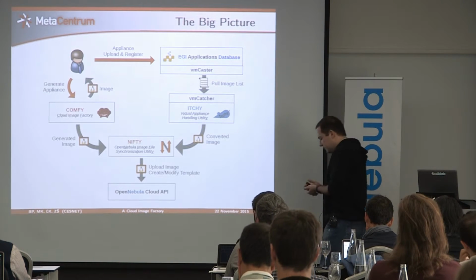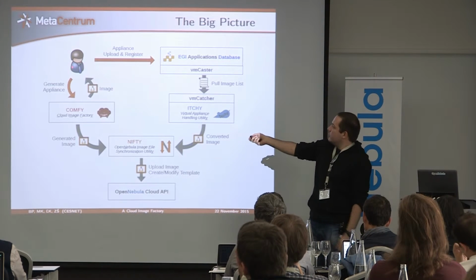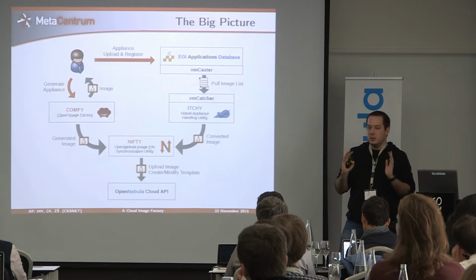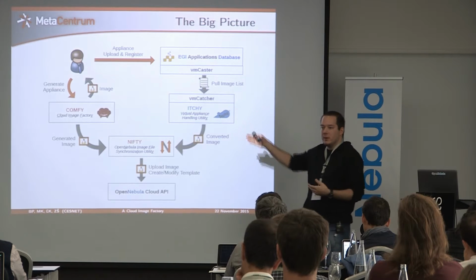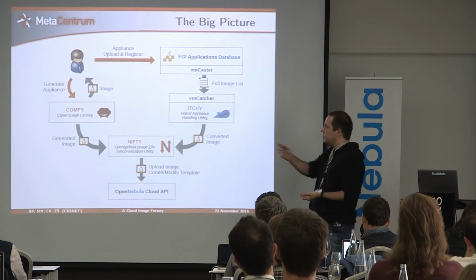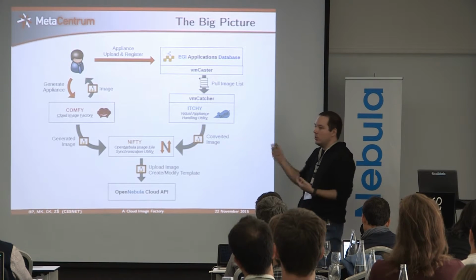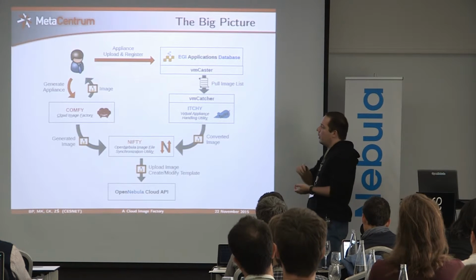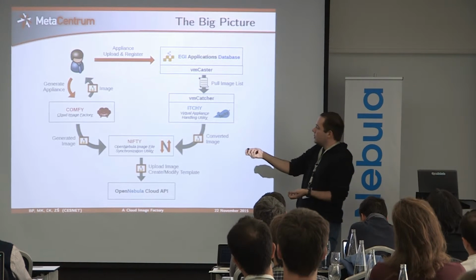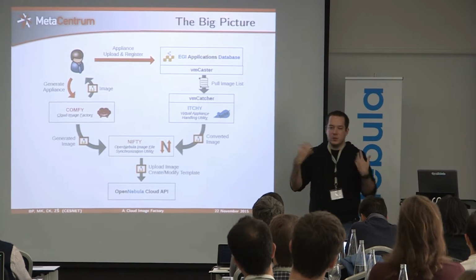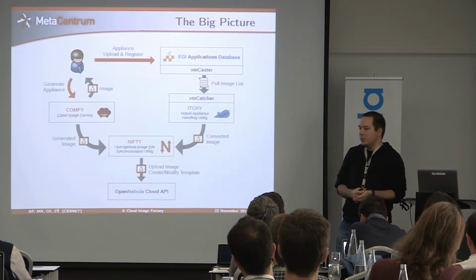Okay, so this is the big picture. You have the user, or the administrator, whoever wants to generate an appliance. In most cases, an automated system will trigger a build, or the administrator can manually trigger a build and generate an appliance. Or the user can use it on his or her own laptop and generate an image, and then take this image or send it down the chain to the synchronization utility, which will handle OpenNebula upload and modifications.